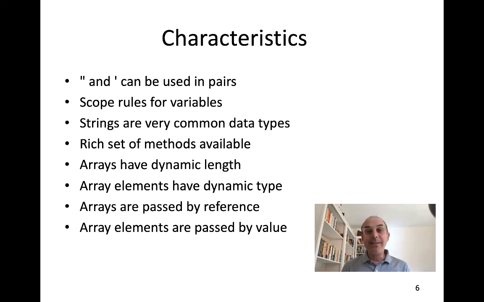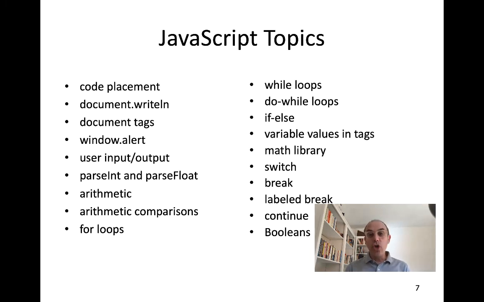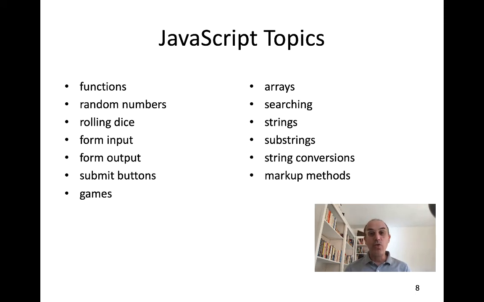The characteristics also include the scope rules of variables, strings that are a common type of data, and arrays, which we will talk about later on. Those are the topics we are going to talk about in JavaScript.